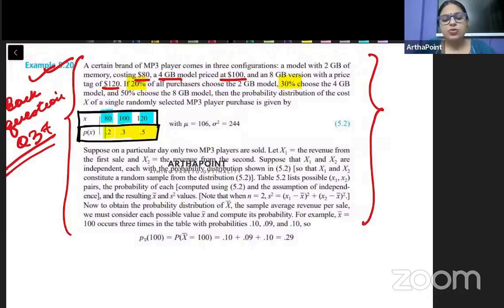Right. अब ध्यान से देखो that this is the information given about the population.